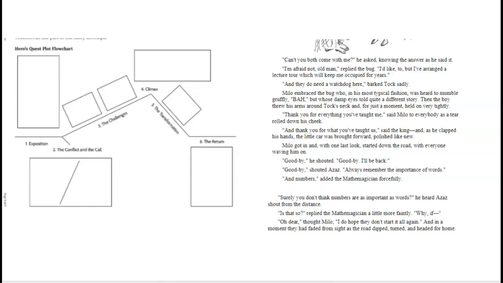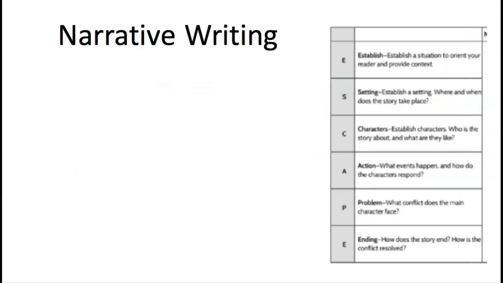So when we write a narrative essay, we need to remember ESCAPE. We need to establish the situation, the setting, and the characters. Who's the story going to be about? What are they like? Where does the story take place?